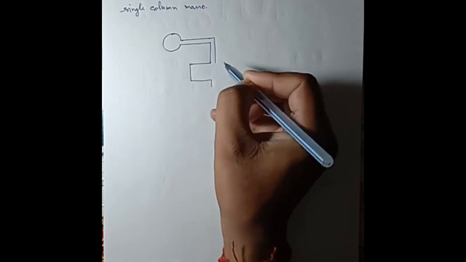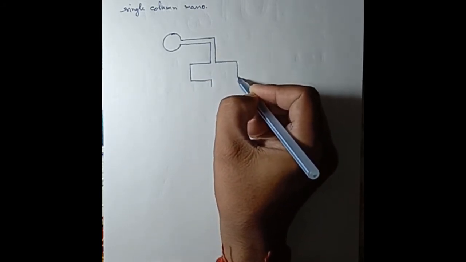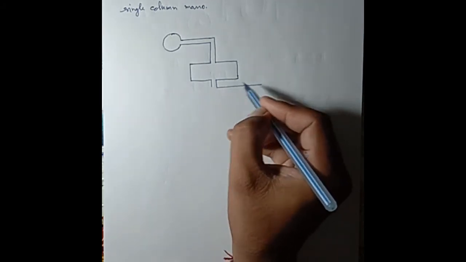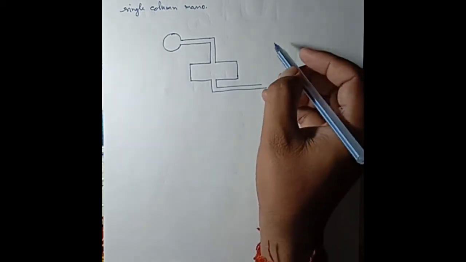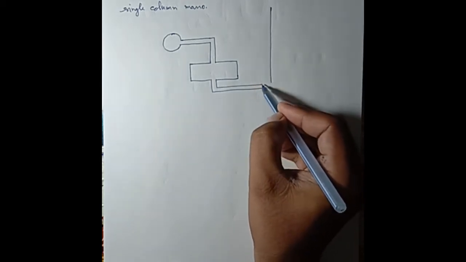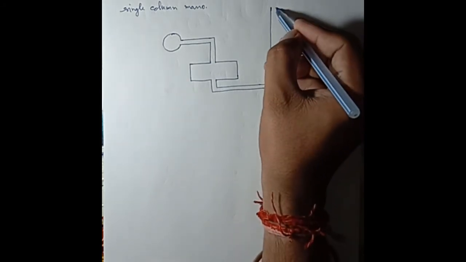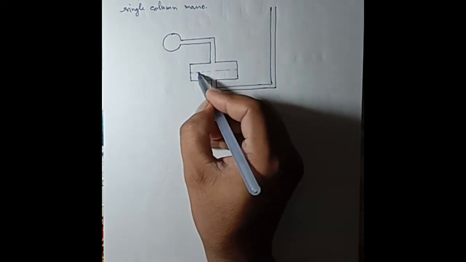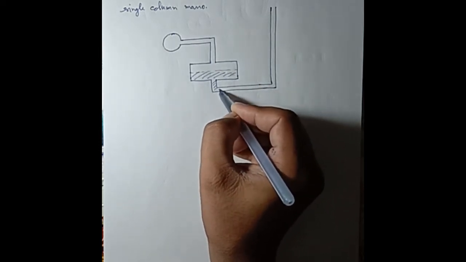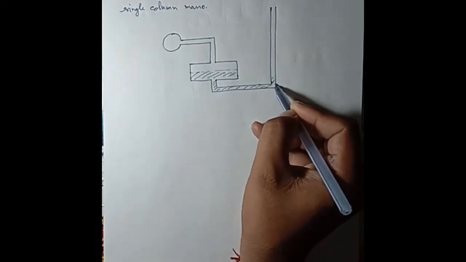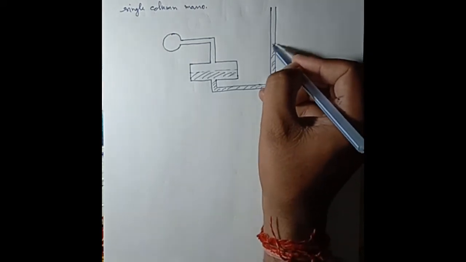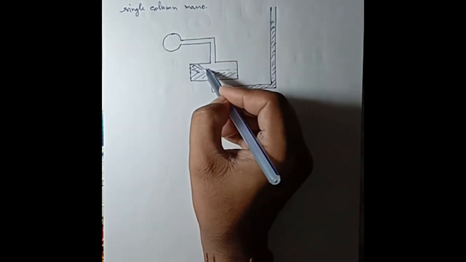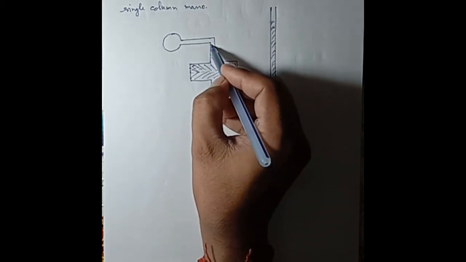Now we draw the single column manometer like this. This is your tube connected to the vertical tube. Here another type of liquid is filled, with a change in density and specific gravity. Here are different types of liquid.